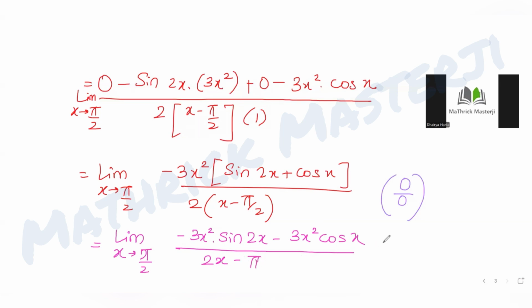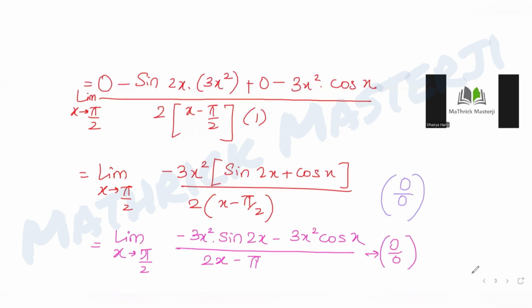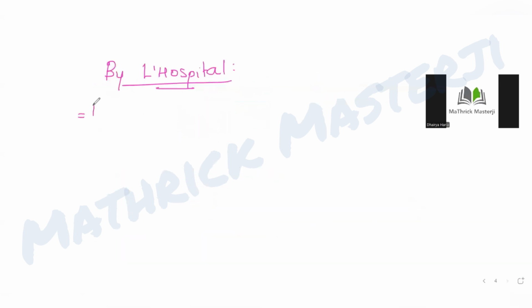Now, because it's a 0 by 0 form and I just simplified that, I apply my L'Hopital's rule. I can find the derivative of both the numerator and denominator separately. So if I do that, I write this limit x tends to pi over 2 as it is.